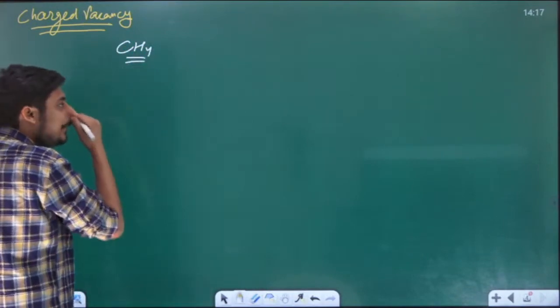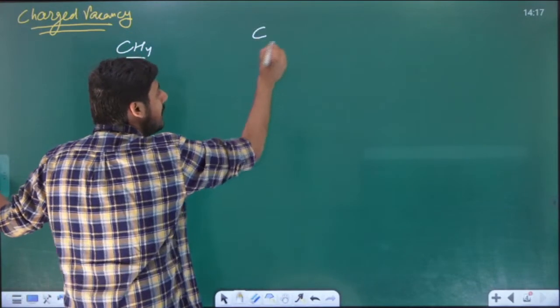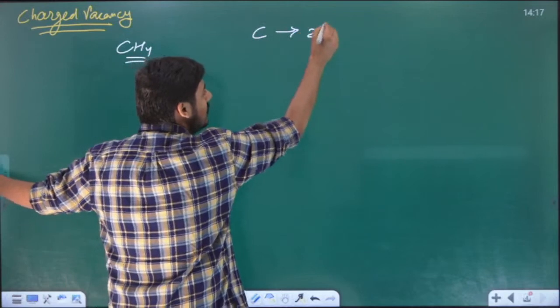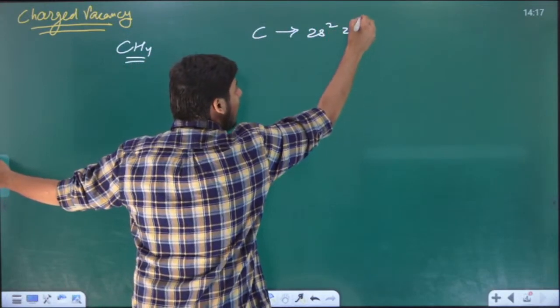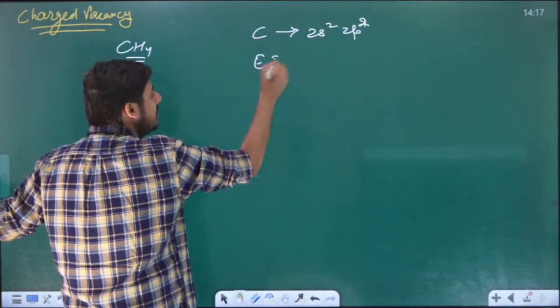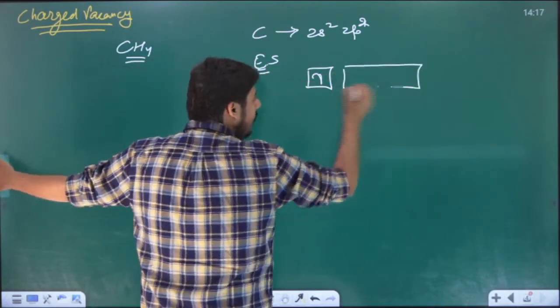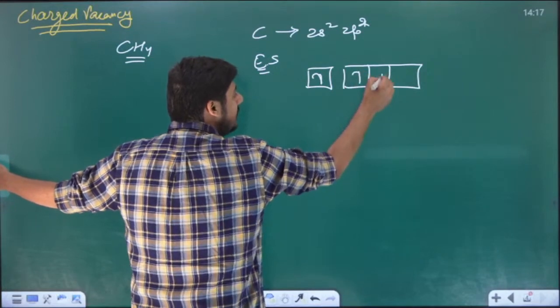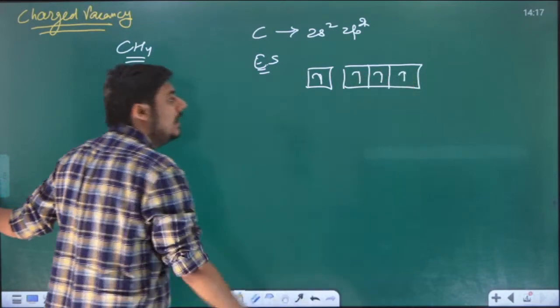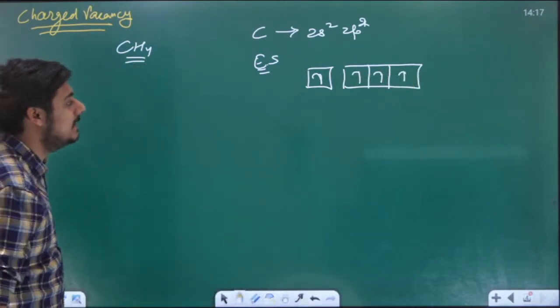Now in this CH4 molecule, our center atom is carbon, whose electronic configuration is 2s2 2p2, and in the excited state, if I talk about its electronic configuration, this will look pretty similar, with s having 1 unpaired electron and all the 3 p orbitals having 1 unpaired electron each. This is the excited state.